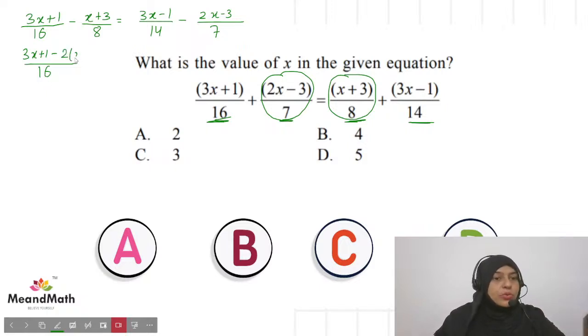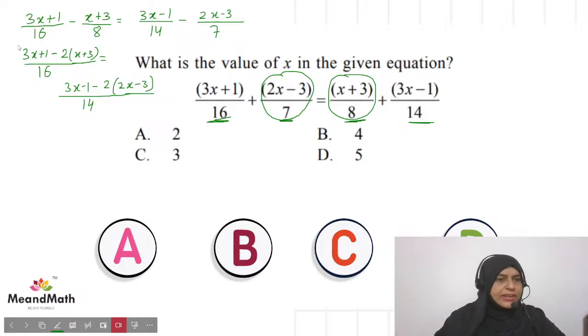So it will be 2 times (x plus 3). This is the left hand side. Now the right hand side. On the right hand side, the LCM will be 14. So it is (3x minus 1) minus 7 times 2 is 14, so 2 times (2x minus 3). Correct?